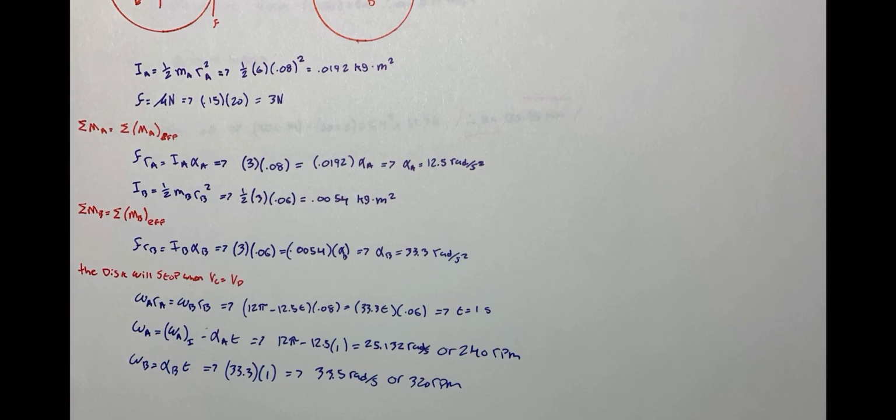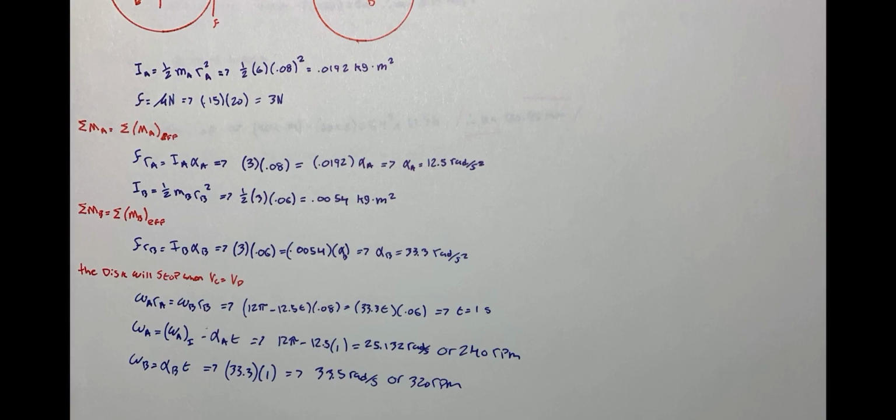After we do that, we can also equate the system of external forces to the system of effective forces at point B. Doing so will give us the angular acceleration of B, which is 33.3 radians per second.